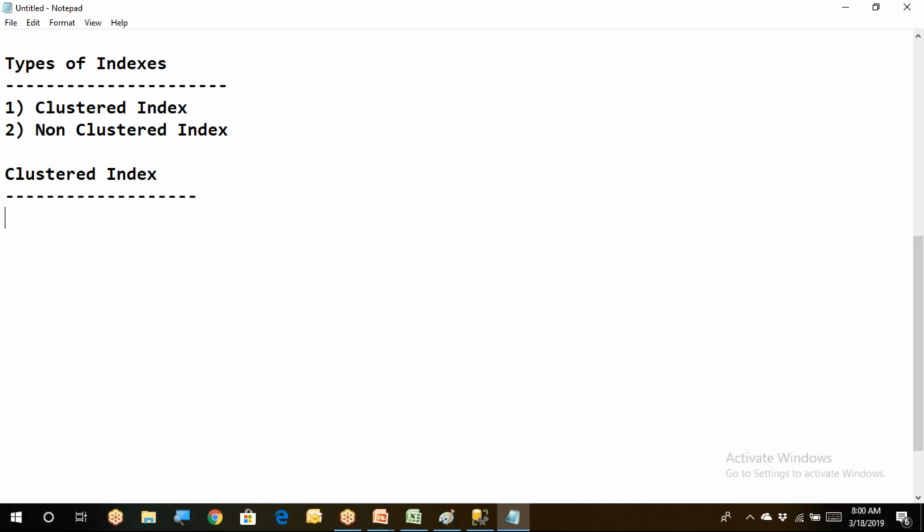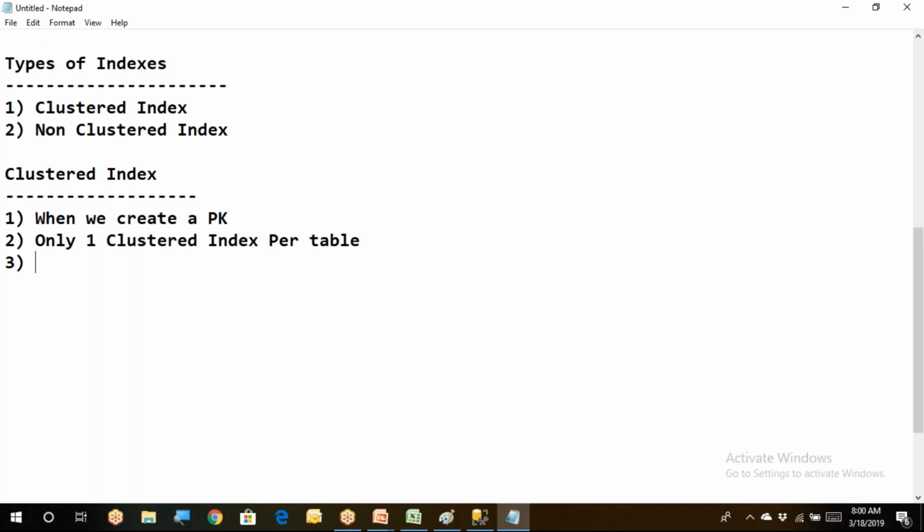A clustered index will be created automatically on the table when we create a primary key. The second point that you need to understand is that per table we can have only one clustered index.